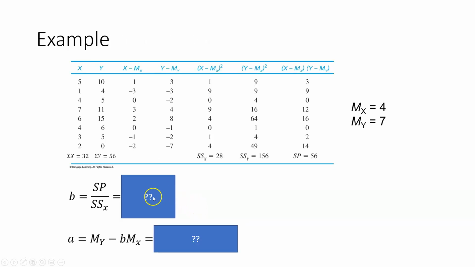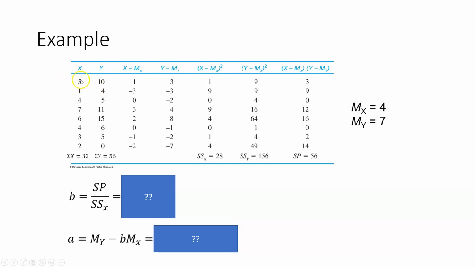So let's go through an example to see how b and a are calculated and placed into that formula, y hat equals bx plus a. So we have these two variables here, x and y. We have a set of scores on each of those variables. Remember, the first person got both of these scores.